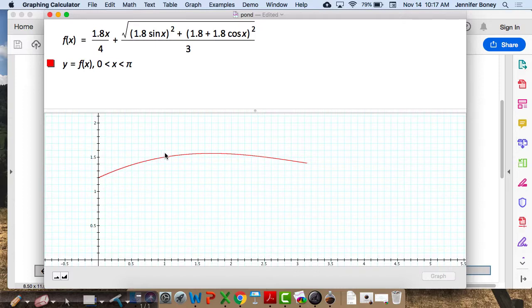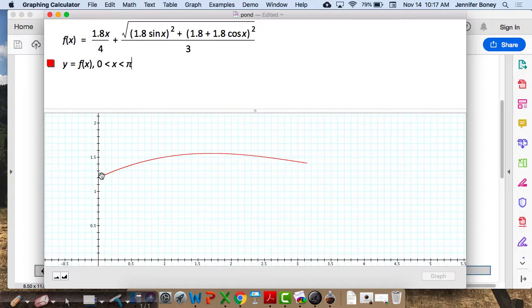And then this time goes up as the angle increases to around 1.5 or probably pi over 2. We're a little bit above 1.5, which would be time in hours. And then it decreases again down to maybe about 1.4 hours. But it looks like the lowest point is at 0 for x, meaning 0 radians around the circle.